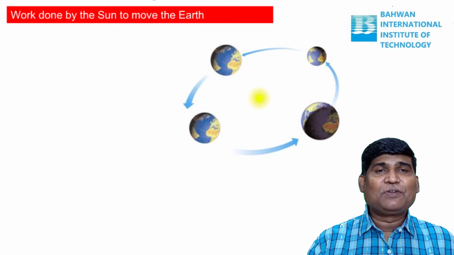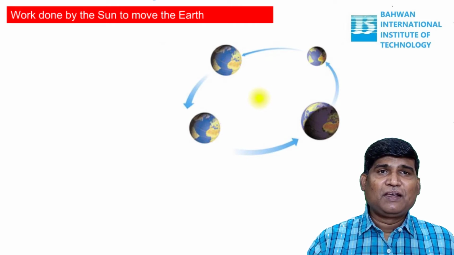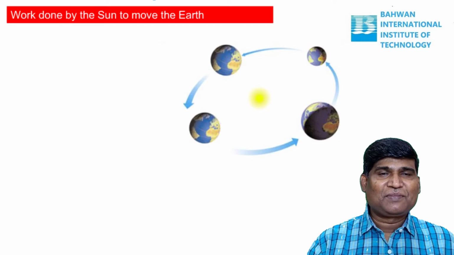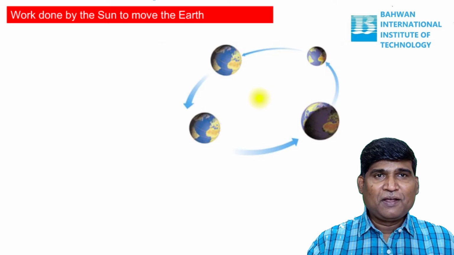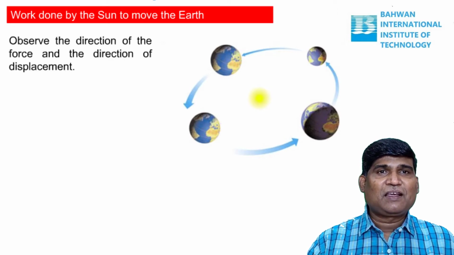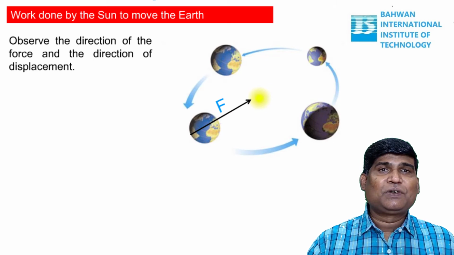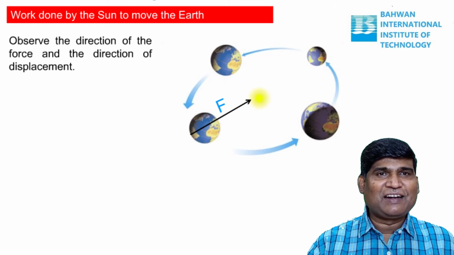When they are revolving around the sun, the earth is in motion and it is having displacement, and we know that it is moving in a path because of the centripetal force, the gravitational force of attraction. Without it, earth never moves around the sun, right? That means there is a force, and that force is acting towards the center of the sun. Why? Because the sun is attracting planet Earth. That's why the force is always towards the center of the sun.